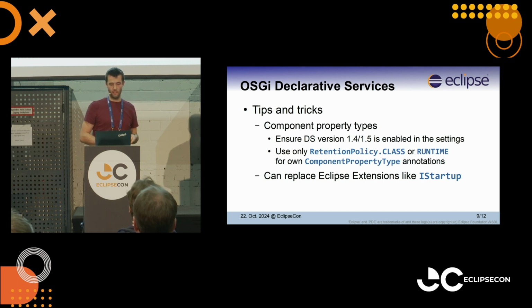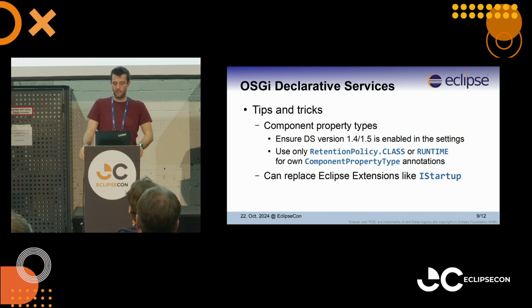Also, for your own component property types, never use the retention policy source. This may work in the workspace, but since some of the build tools, namely Tycho with the bnd lib, work on the compiled classes, using the retention policy source is not sufficient, because obviously then the annotation is not retained in the class file, so you should use at least class or better runtime.